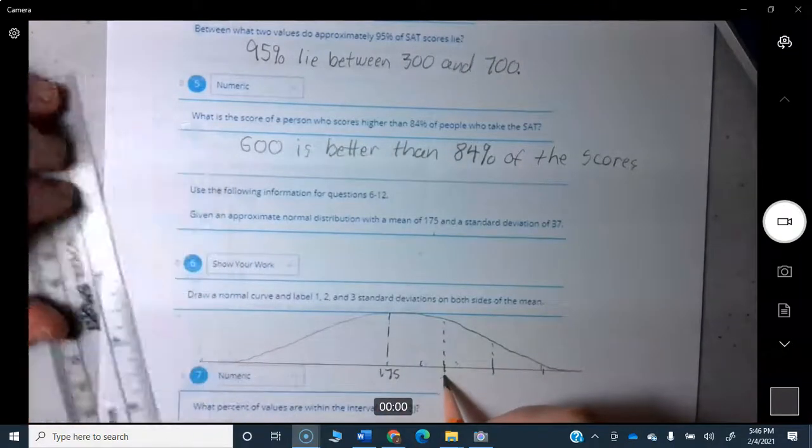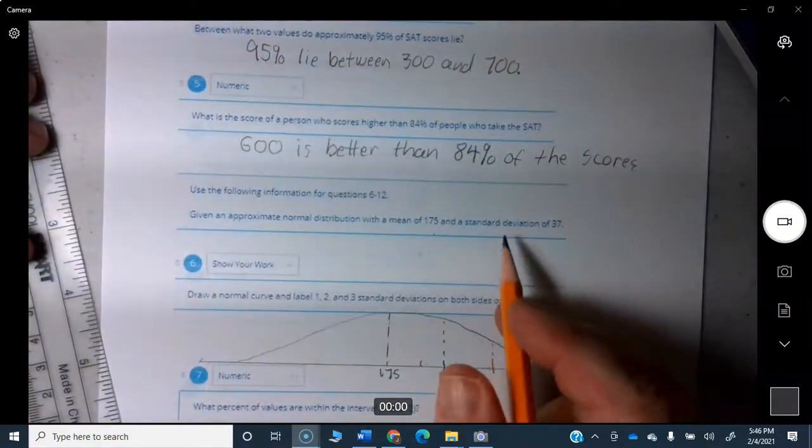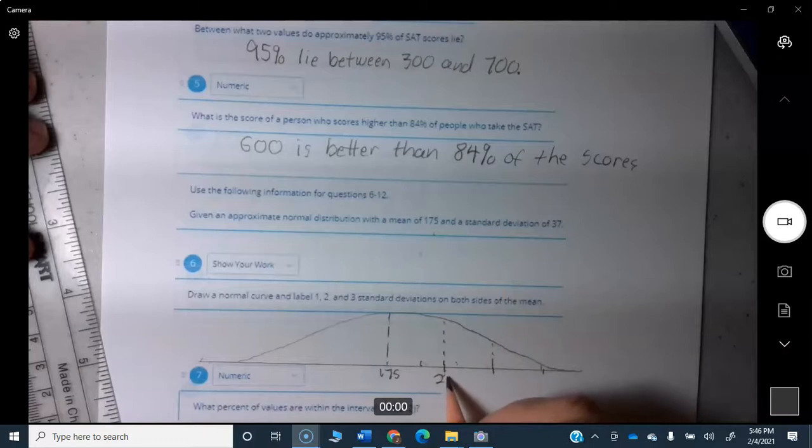So this is plus 1 standard deviation. 175 plus 37 is 212. Why is that? Because there's 37 to get to 1 standard deviation above. To get to 2 standard deviations, you add another 37, and that's going to get you up to 249.